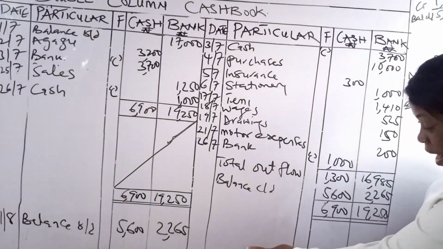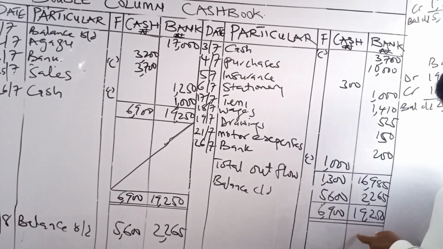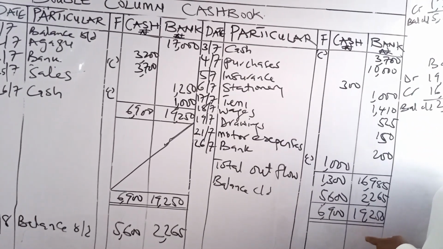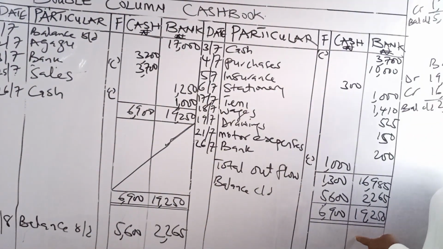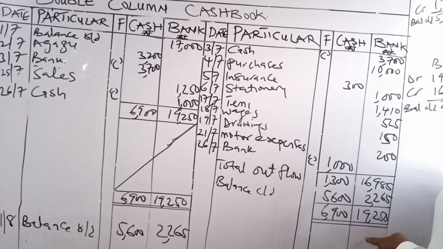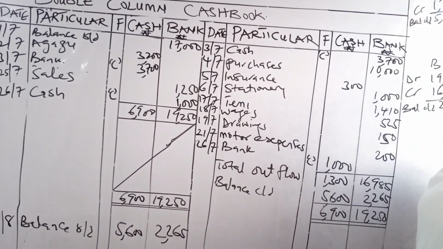That is, the balance brought down will be written on the credit side. So in that case, it will not be an asset, but it will be regarded as a liability, because liabilities are credit opening balances.